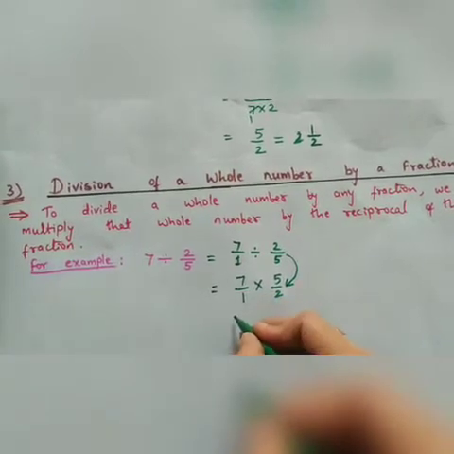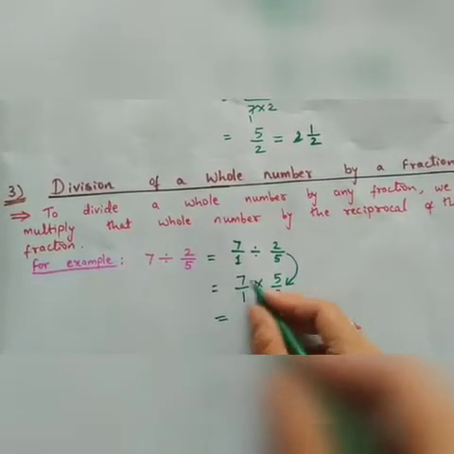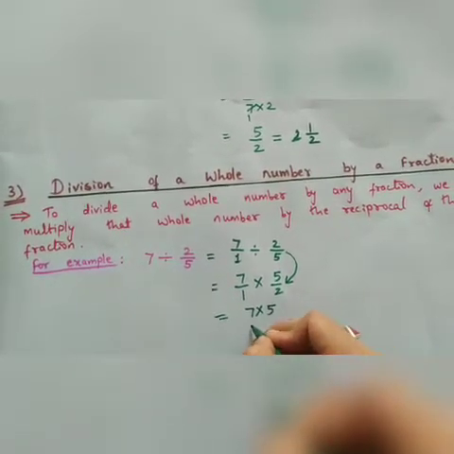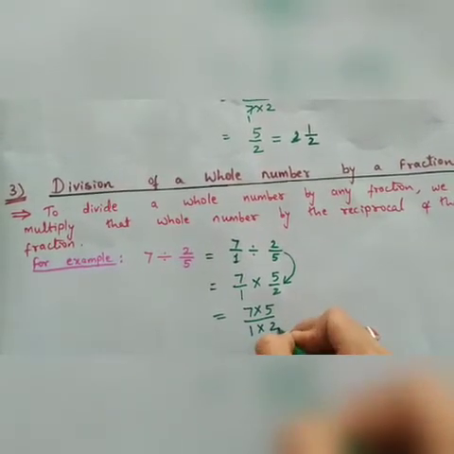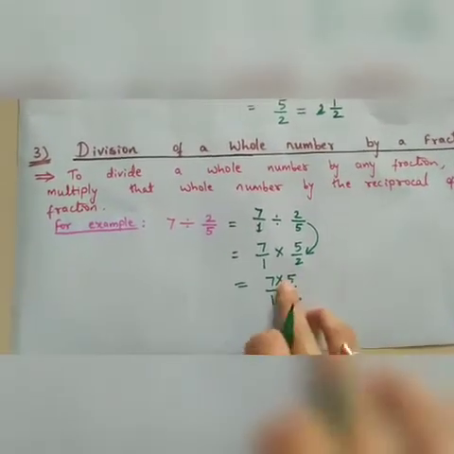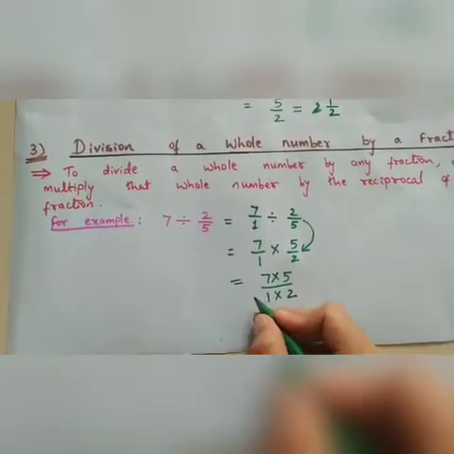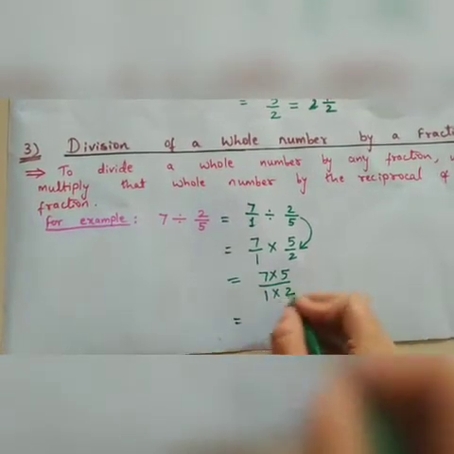So now we have to apply the multiplication rule. So we have to multiply 7 and 5, 7 multiplied by 5. And in denominator we get 1 multiplied by 2. The product of numerator upon product of denominator. So any simplification done here? No, we can't simplify it.